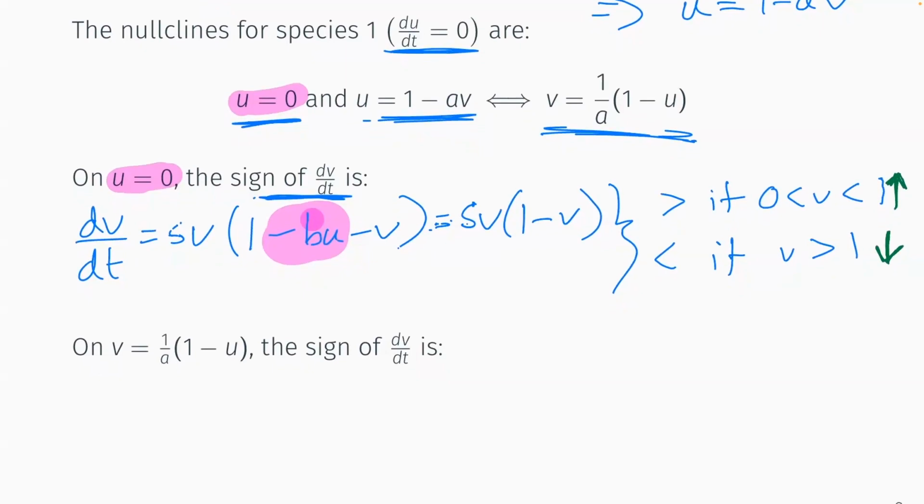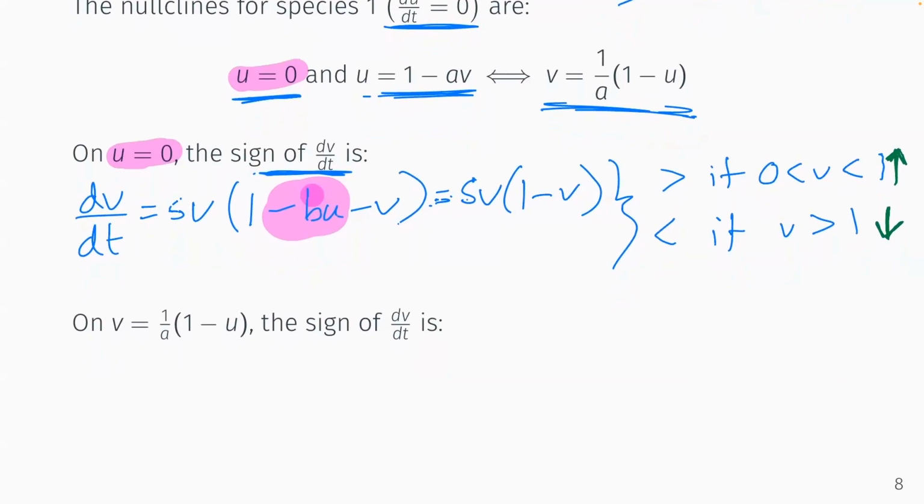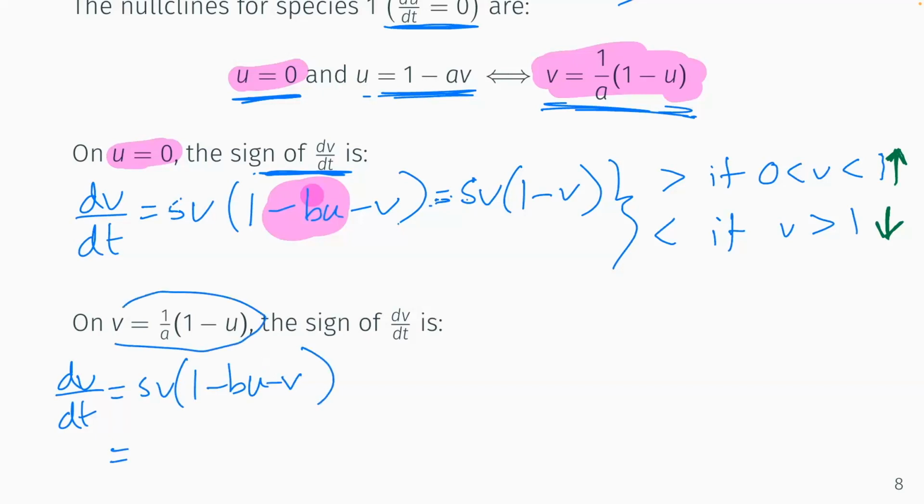Okay, and we just go through this process for all our other nullclines. It's a little bit more complicated in this case, when v is equal to 1 over a times by 1 minus u, my second nullcline. But it's the same process. We look at dv dt is equal to sv times by 1 minus bu minus v, and we substitute in this value of v.